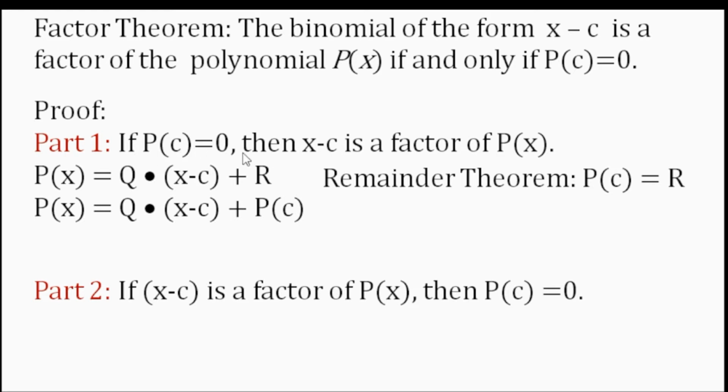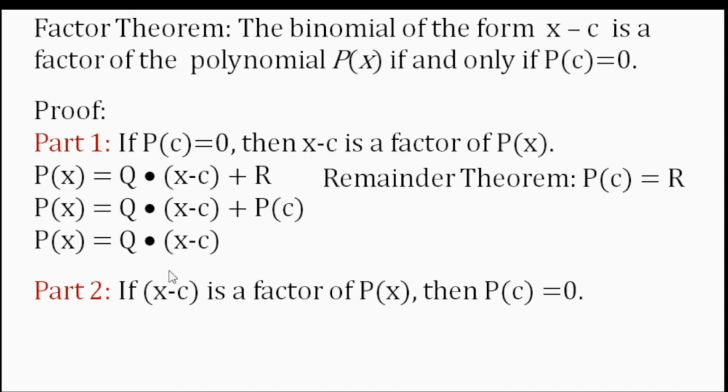And from our statement here, p of c is 0, so we can replace p of c with 0. Because we have plus 0, we may not include that, so we come up with p of x equals q times x minus c. Now we have proven the first part.